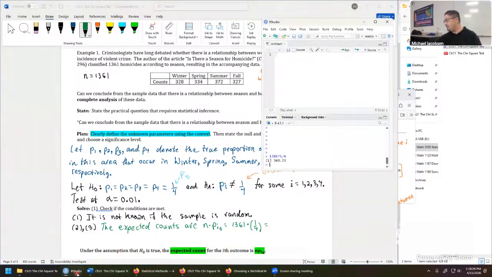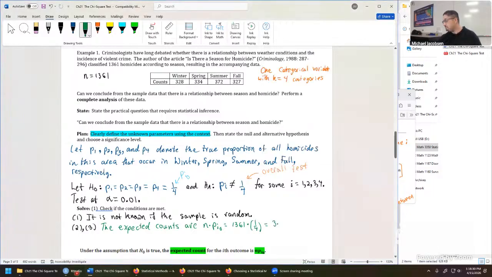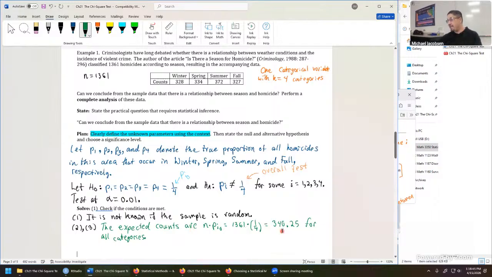Let me double check that value again, for all categories. The categories being the 4 seasons. So we had to check that all expected counts are at least 1, and no more than 20% are below 5.